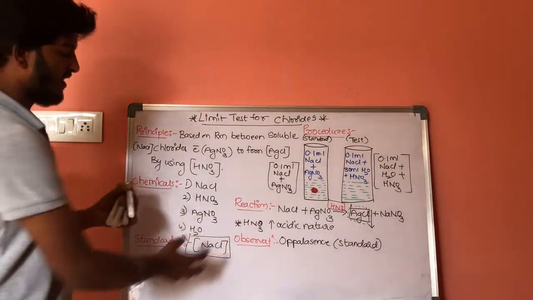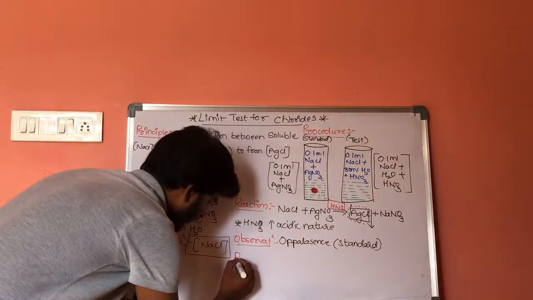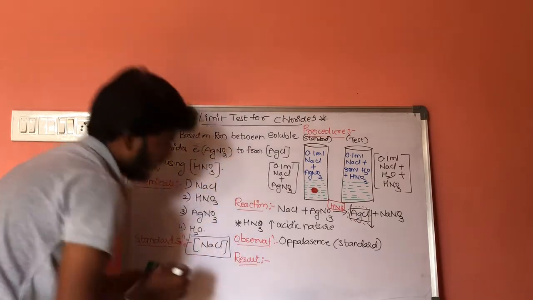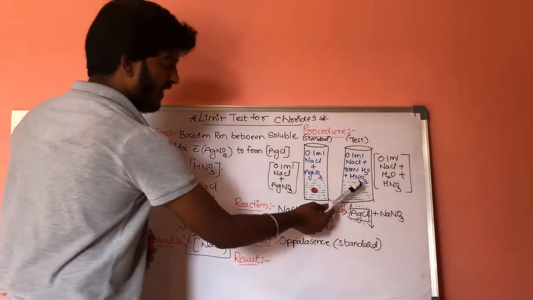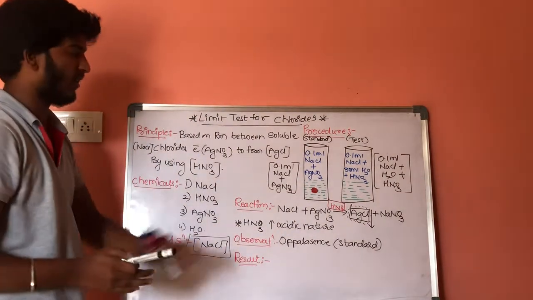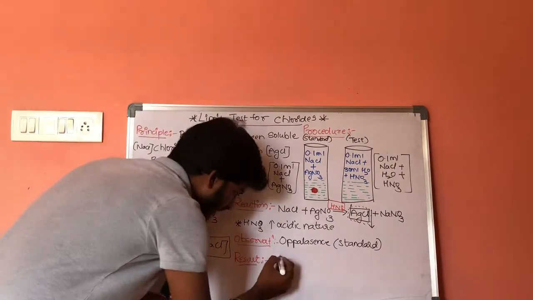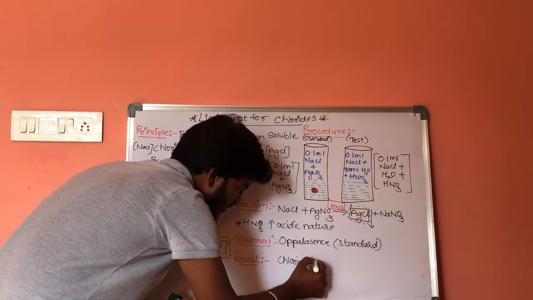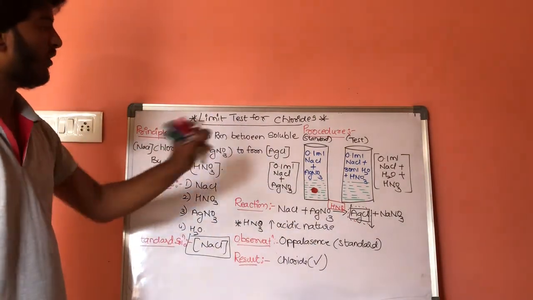This is the observation. Now, the result: if the opalescence in the test solution is less than that of the standard solution, then the limit test for chlorides is passed.